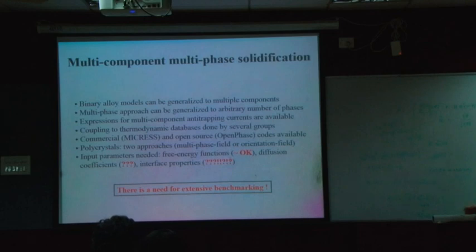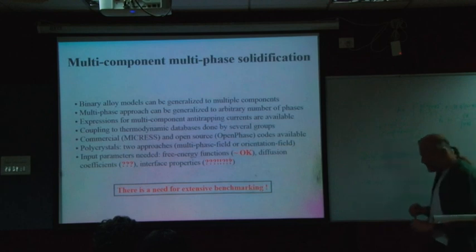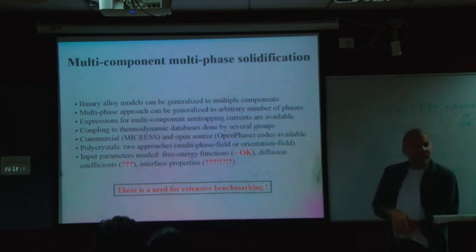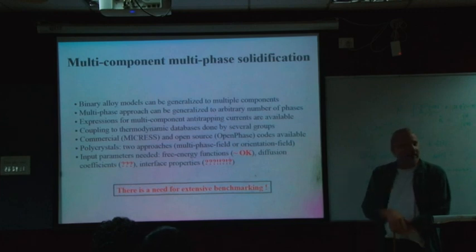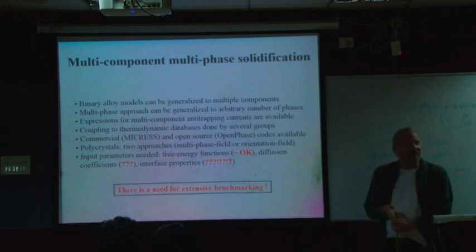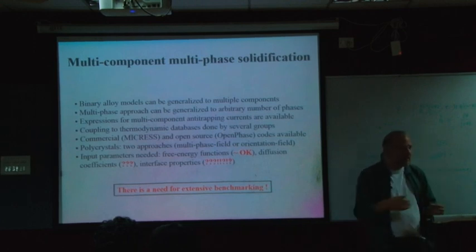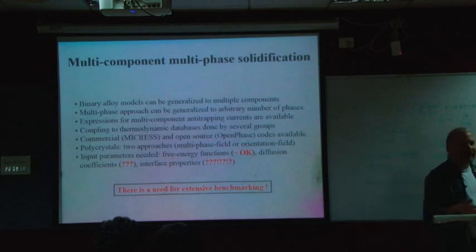You have several chemical potentials. You have free energy functions that depend on all these compositions. Quantities like this susceptibility that we introduced are becoming a matrix. Other quantities are becoming a vector, like the concentration fields or the chemical potentials, but everything goes through the same way, just with a little bit more algebra.